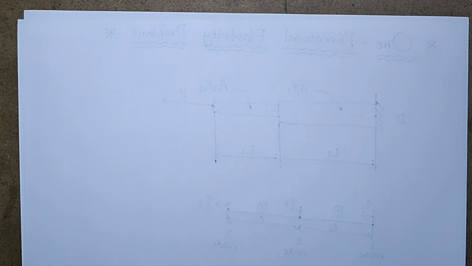So the number of rows is equal to 3, meaning here 3 nodes are there, with one translational degree of freedom at each node. Similarly the number of columns is 3, so it's a 3 by 3 matrix.